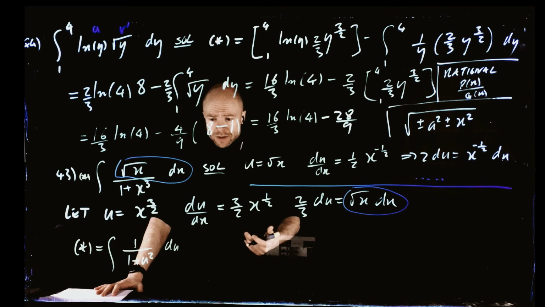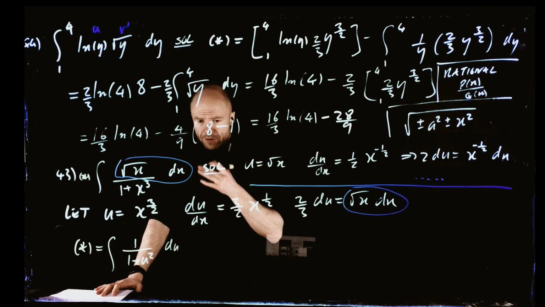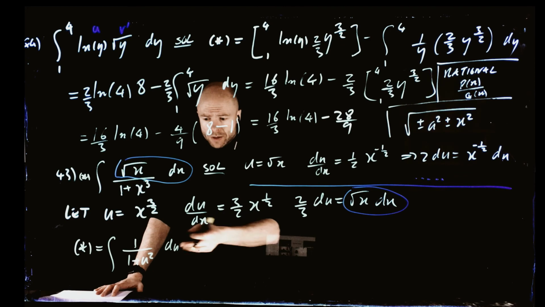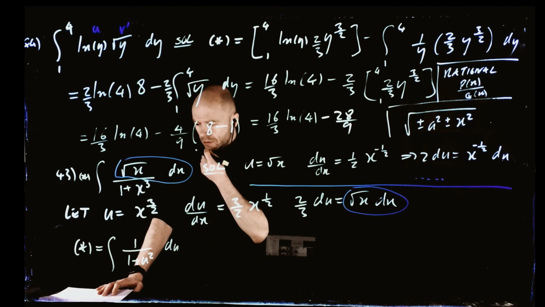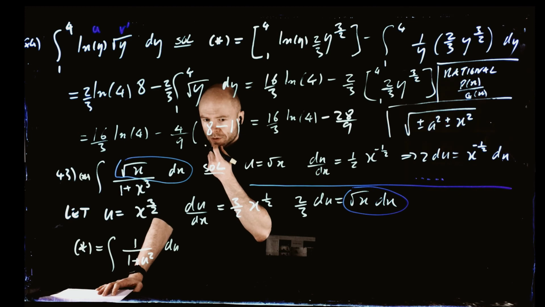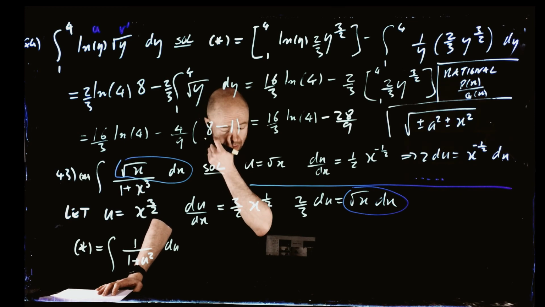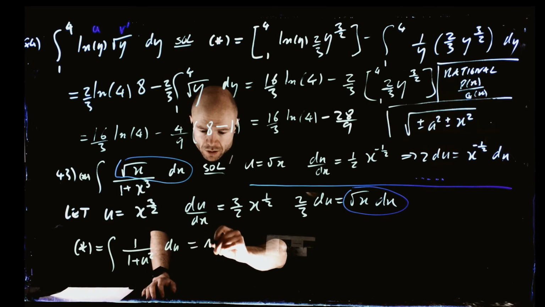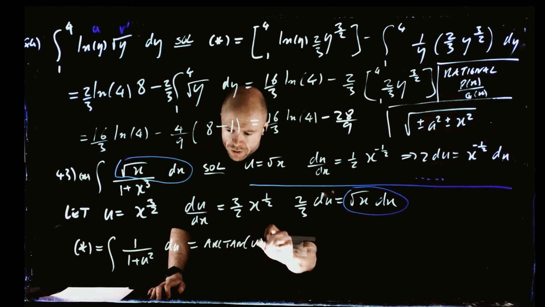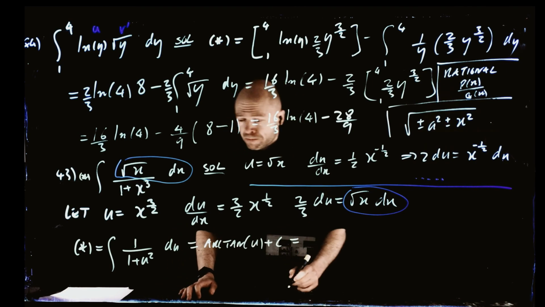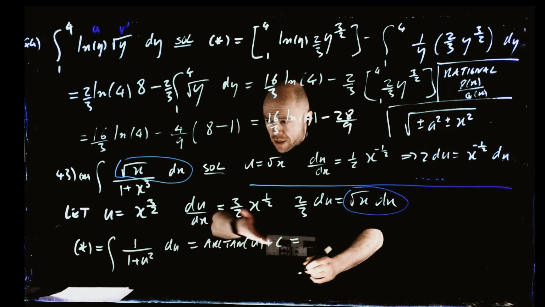And that really does make us happy, because that is definitely simpler, and hopefully this is recognizable for you people. Yeah, it's the derivative of arctan. So then this thing is arctan of u plus constant c, and then we put it back.